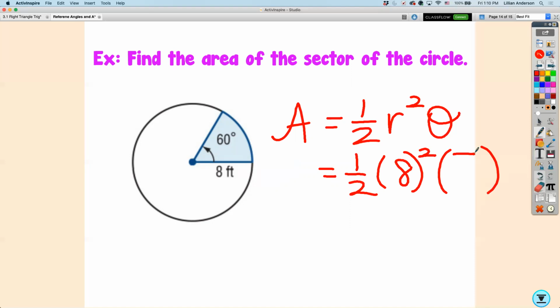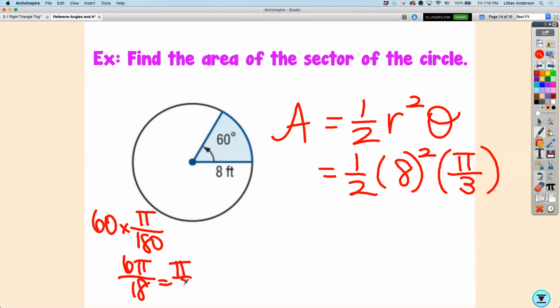It has got to be a radian, so you need to convert 60 degrees to a radian. It will be pi over 3. Then you'll be able to actually find the area. So this becomes 64 over 2, which is 32, pi over 3.